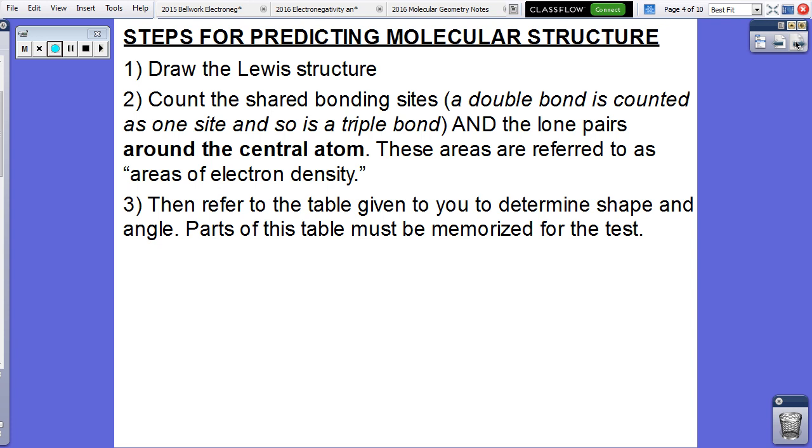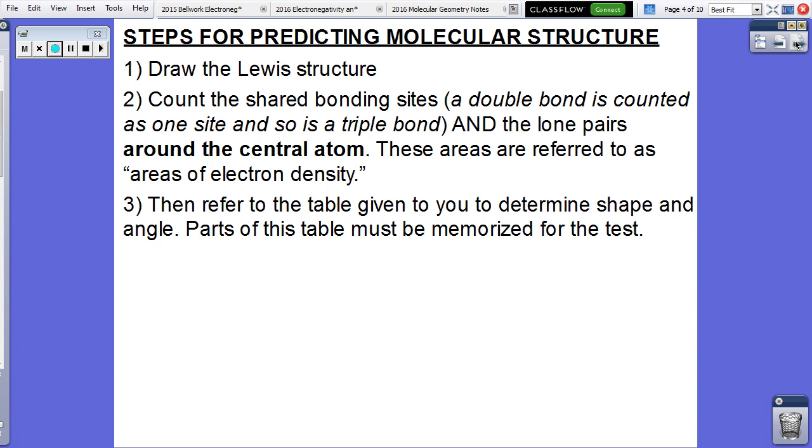You're going to look at the central atom and count how many bonds and lone pairs are around that central atom. Those areas around the central atom, it's either bonds or lone pairs, they both count, are referred to as areas of electron density because there's a lot of electrons in a bond, or there's two, but there's a heavy electron presence in a bond and in a lone pair.